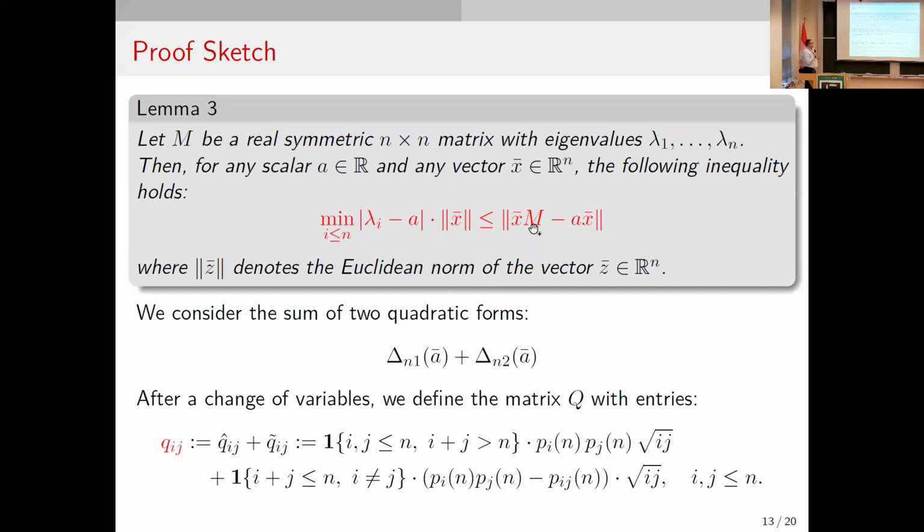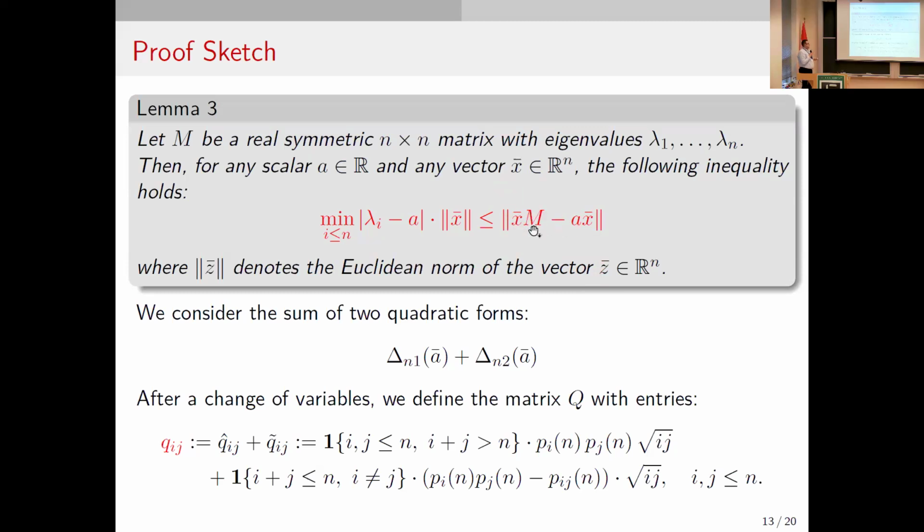So instead of M, we plug in Q, and we want to make a very good guess for a and x. A, in this case, we want to choose as -1/2, which we believe to be the smallest eigenvalue, and x, a guess for its corresponding eigenvector.